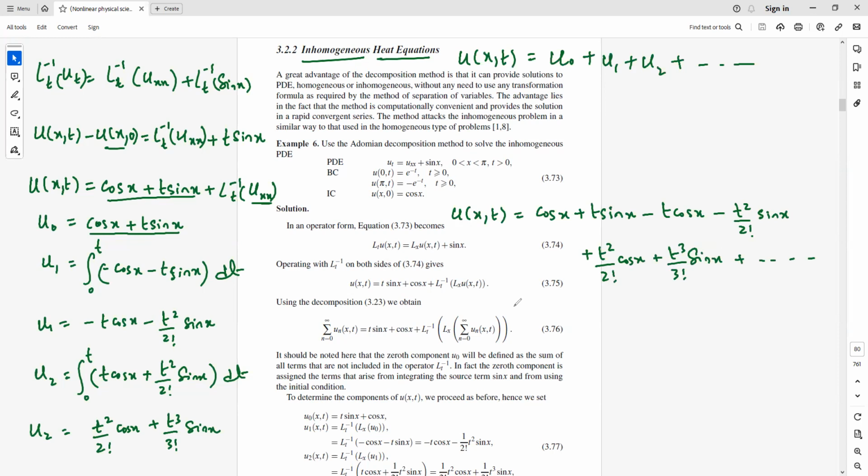and so on. Now if we simplify, we take cosine of x as common, so we are left with 1 minus t plus t squared over 2 factorial and so on, and sine x as common here, so we are going to get t minus t squared over 2 factorial, and so on.